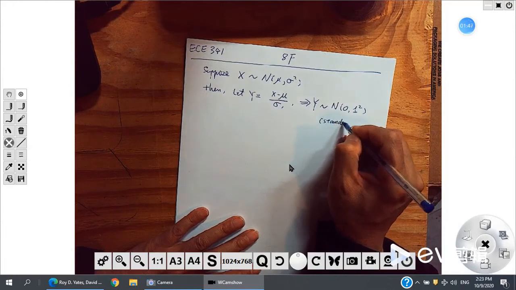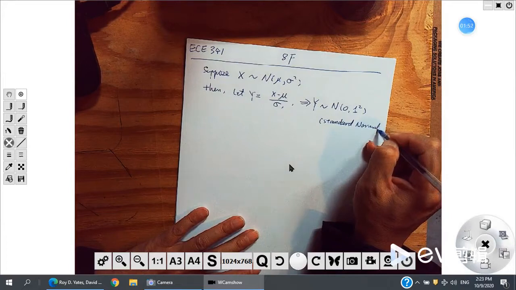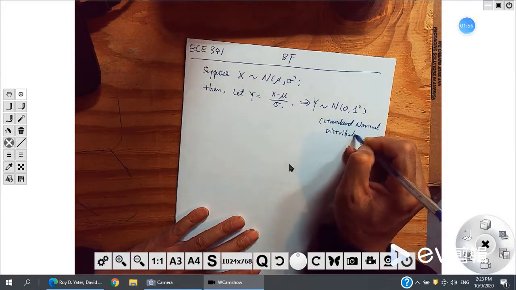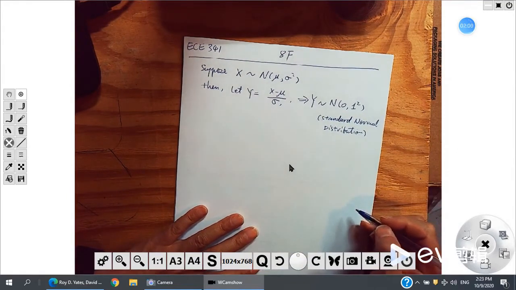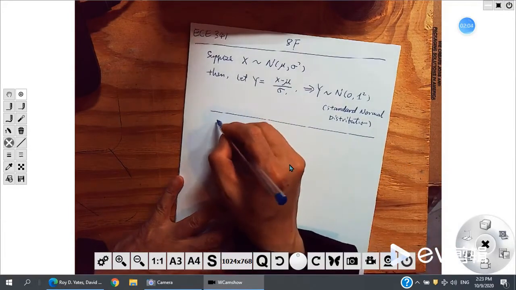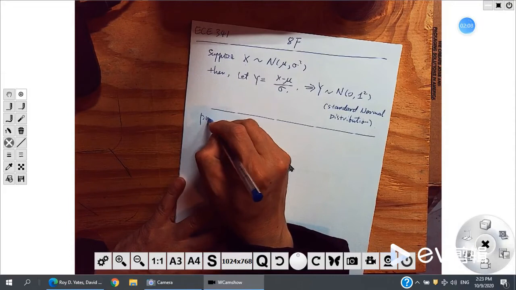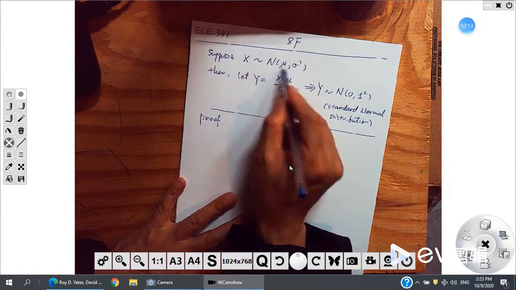Standard normal distribution. So firstly, we want to show this. It is not so hard, because X is Gaussian like this, right?